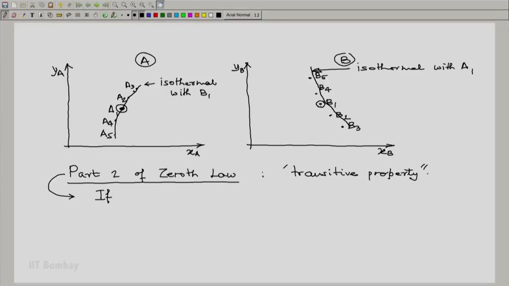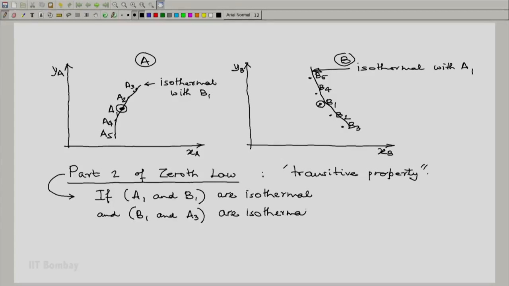What this means is, if state A1 of system A and state B1 of system B are isothermal, and we have seen that state B1 and say state A3 are isothermal, then this implies that states A1 and A3 are also isothermal.